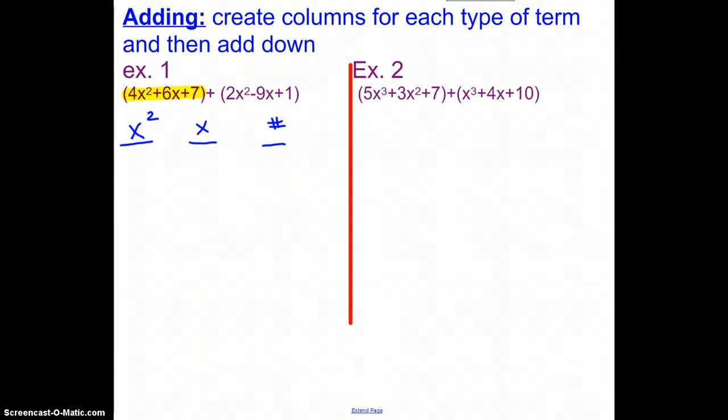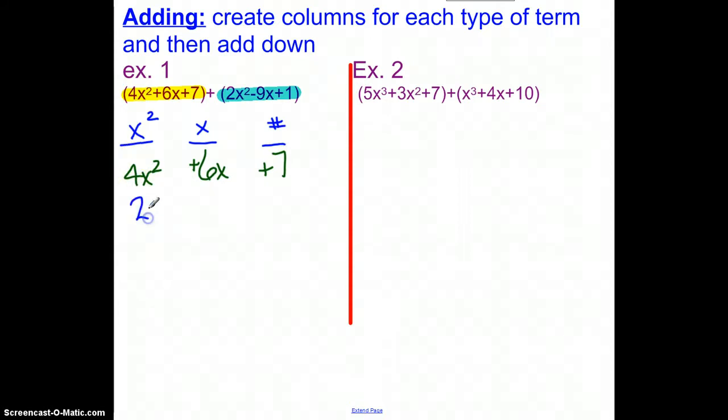And I'm going to take this first one, and I'm going to sort it into columns. So my x squared would go here, plus 6x is here, and then plus 7 is here. Now I'm going to do the same thing with this set.